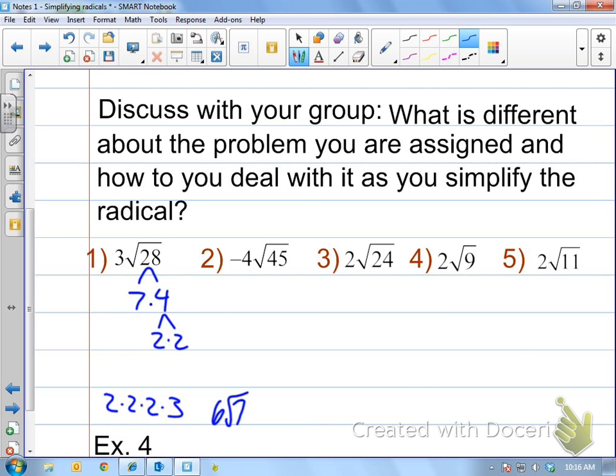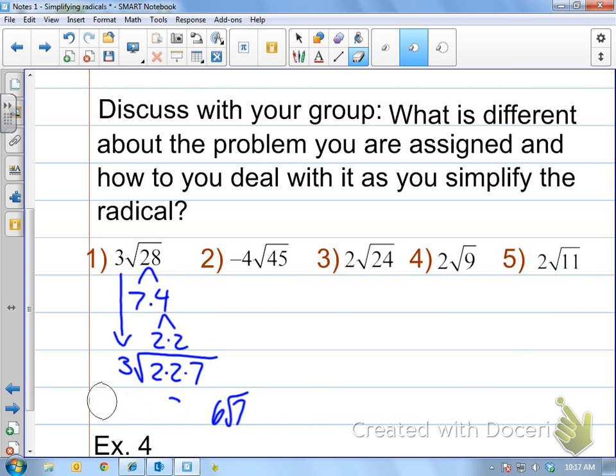So at this point, we still have this 3, and we have our prime factorization of 2 times 2 times 7. So far, we haven't done a whole lot different. Just we had to take into account the 3.